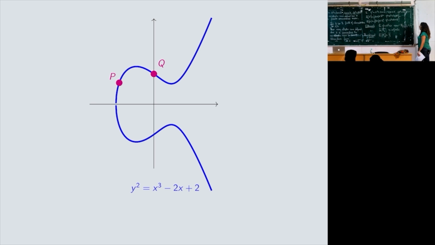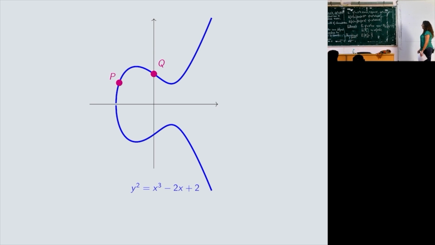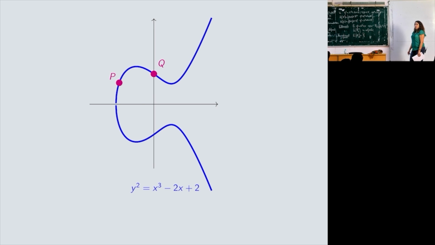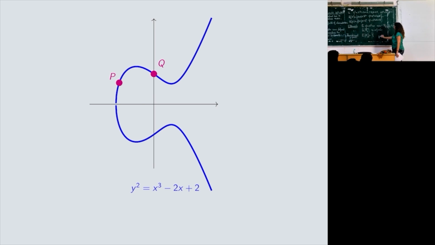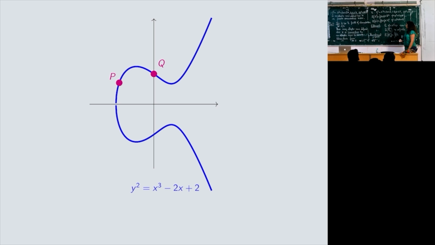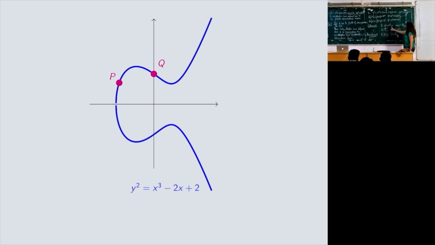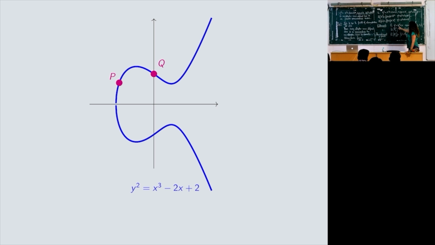So how are we going to list all these points? For instance, if x equals 0, then y is 0. Okay, (0, 0). Then if x equals 1, this becomes 2.